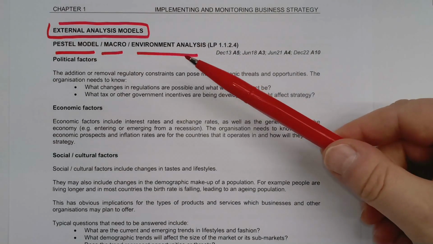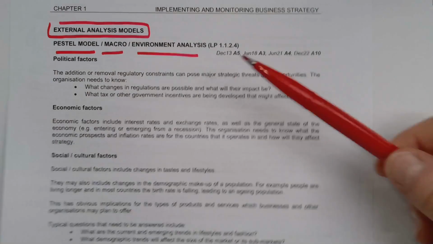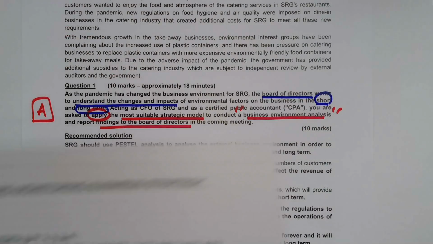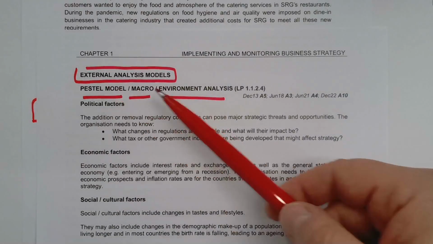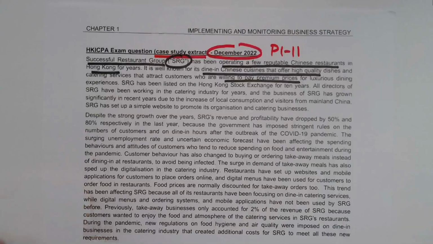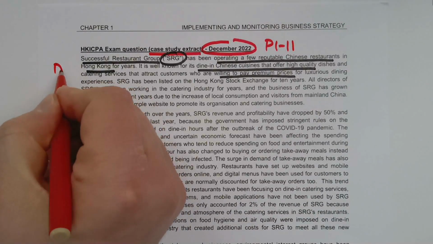Look for environment analysis. This is business environment analysis. They want us to conduct an external analysis. So it looks like PESTEL will be the best model here to apply. But here's what you need to look at second of all. So let's put an A first, and then let's put a B second of all.